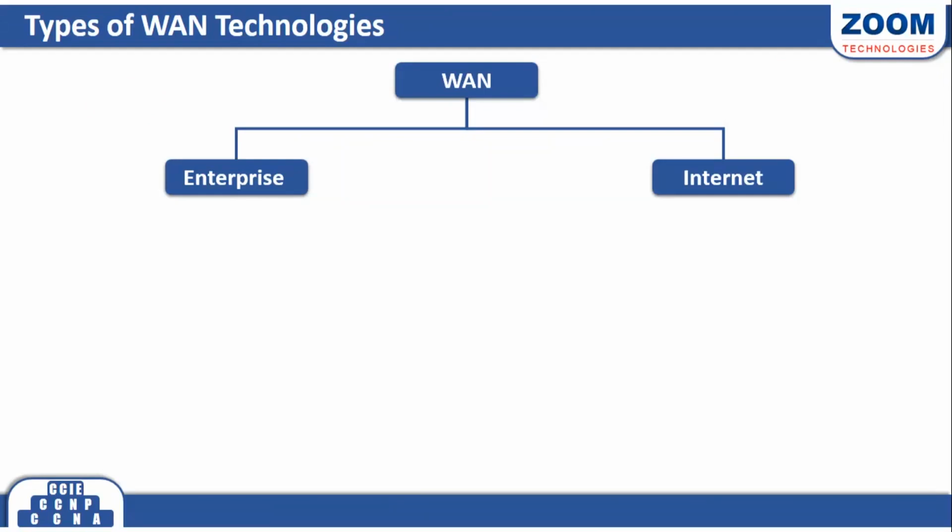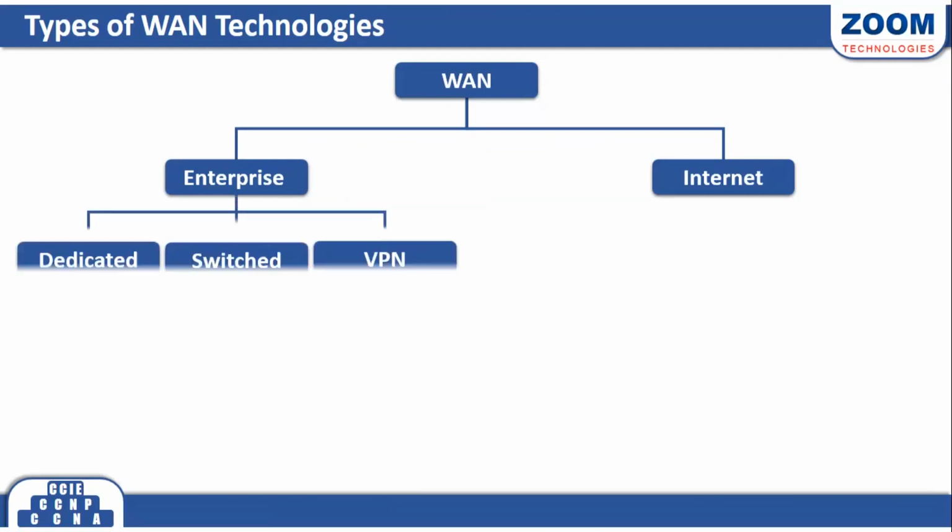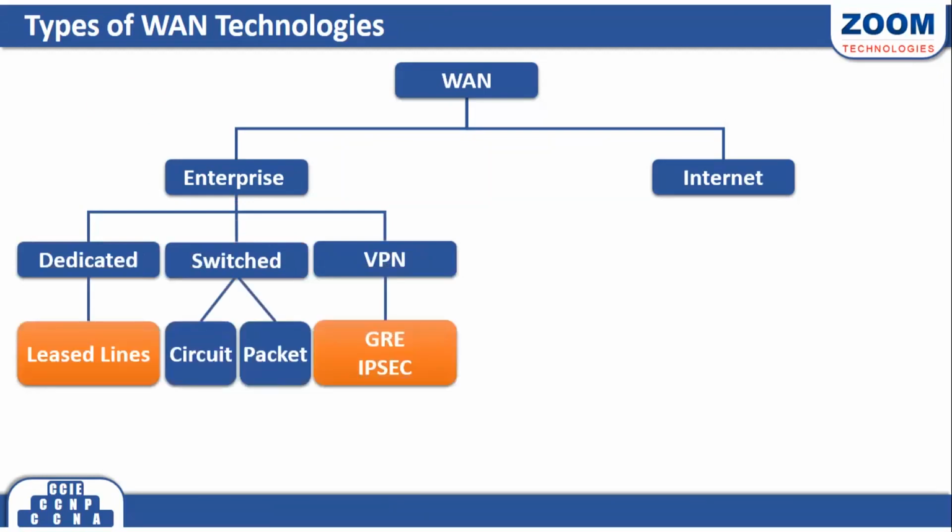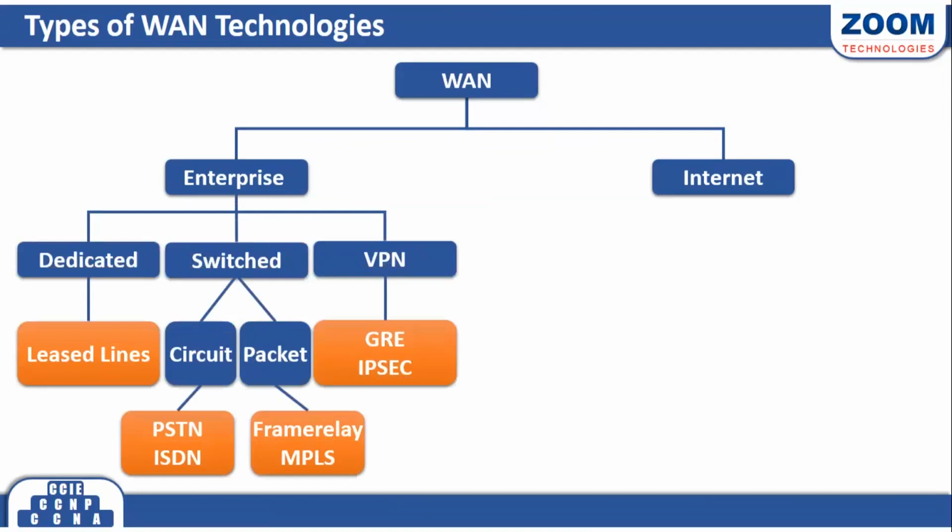In enterprise network access, again, we have different types of technologies. Dedicated technology, switched network, VPN, like a leased line, ISDN, PSTN, frame relay, MPLS. These are the different types of technologies in switched network. In VPN, GRE VPN, IPsec VPN, so different types of VPN, DMVPN, SSL.